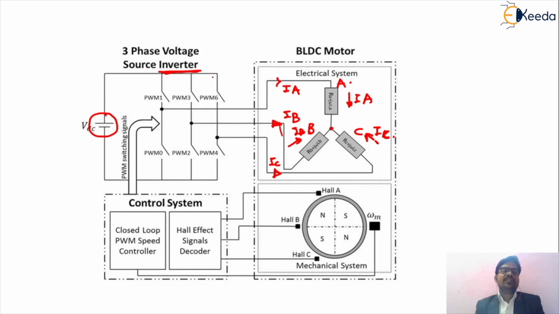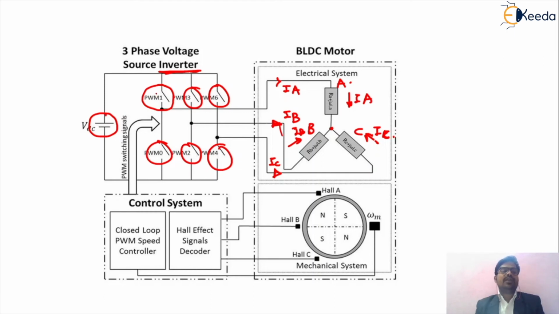As we know, friends, we are basically using electronic commutation. What do we mean by electronic commutation? We are using different types of power electronic devices, maybe here, here, here, here, here, and here. We are using 6 power electronic devices. These devices will be MOSFETs, or we can call them SCRs.